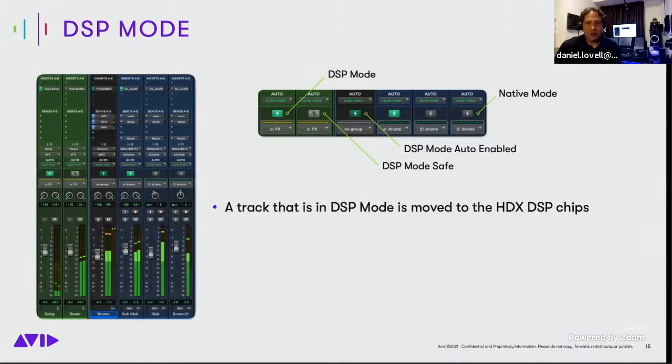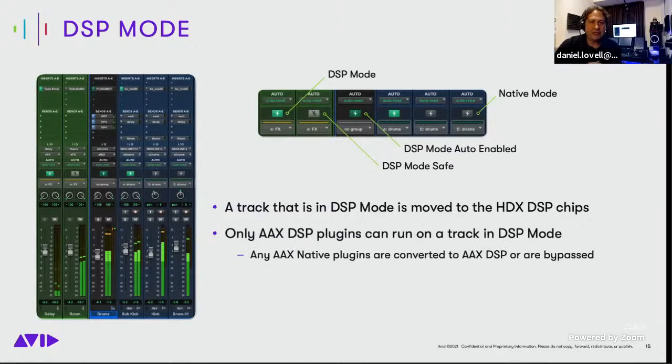So a track that's in DSP mode is moved over to the HDX DSP chips. And the HDX DSP chips, there's 18 of them in there. And because you can expand the system with multiple HDX cards, you potentially have more DSP available. Now, when you're in DSP mode, only DSP plugins can be active, which I guess makes sense.